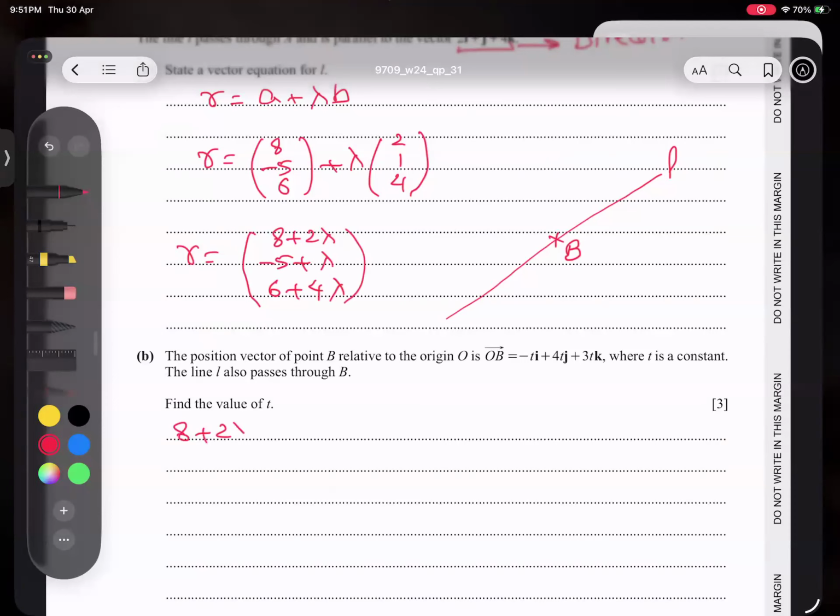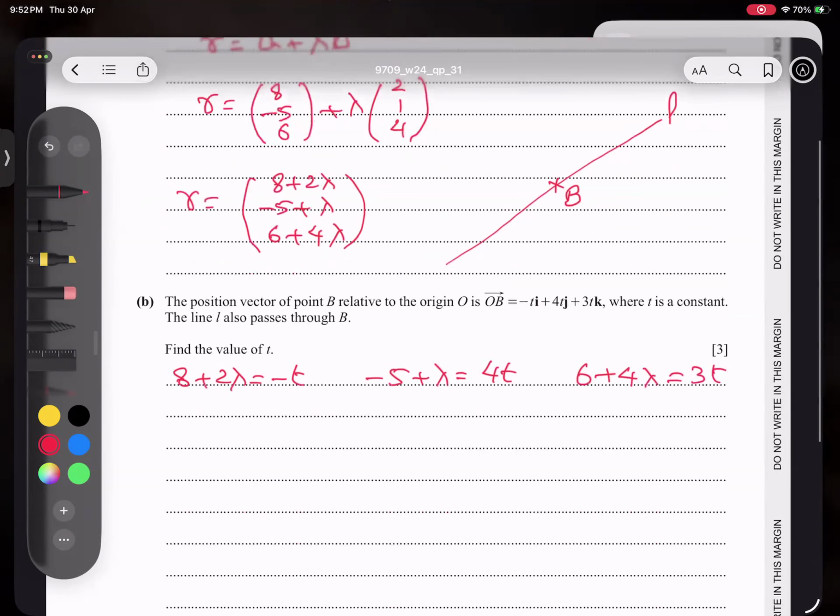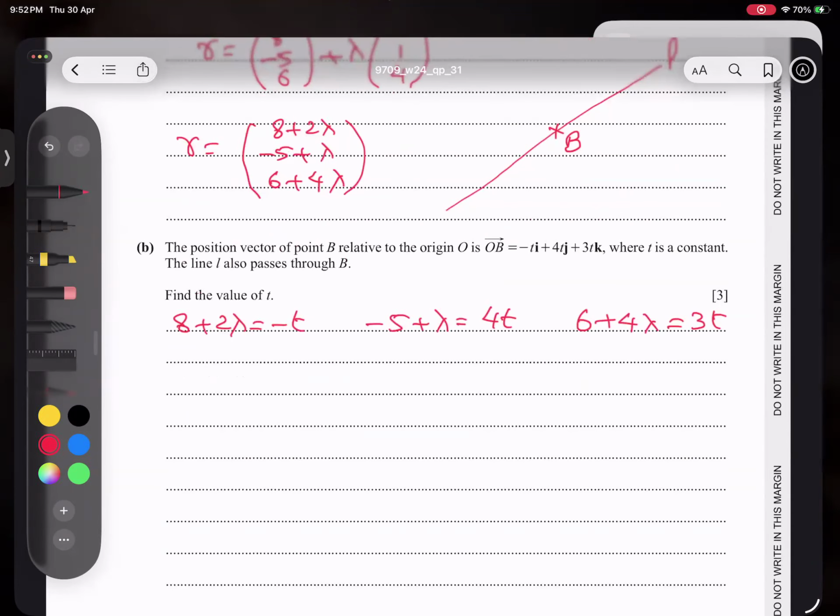8 plus 2 lambda is equal to negative t. I got this from here. Second equation, I'm getting here negative 5 plus lambda equal to 4t. And the third one, 6 plus 4 lambda is equal to 3t. Now I have to solve them simultaneously and get the t value. And that's it. So which equation is more suitable to solve?